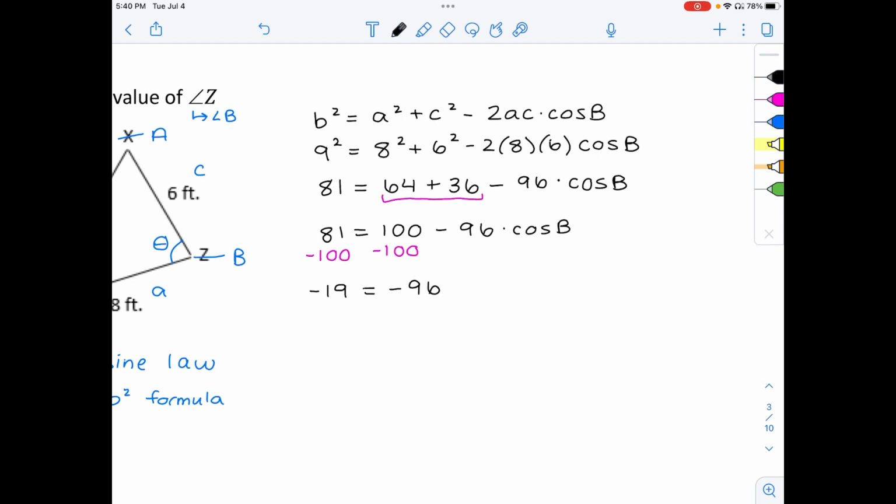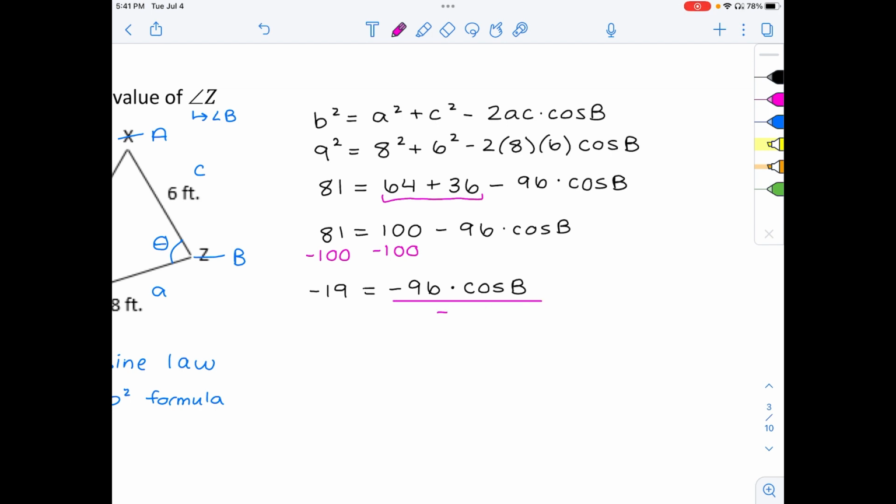When we subtract the first number from both sides, what's left on the right side will always be negative and then a number times your cosine. Then we want to get rid of that negative 96 that's being multiplied by our cosine. That's the next step to isolate.